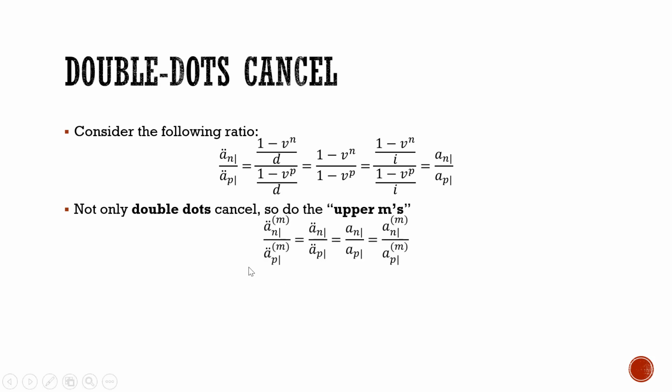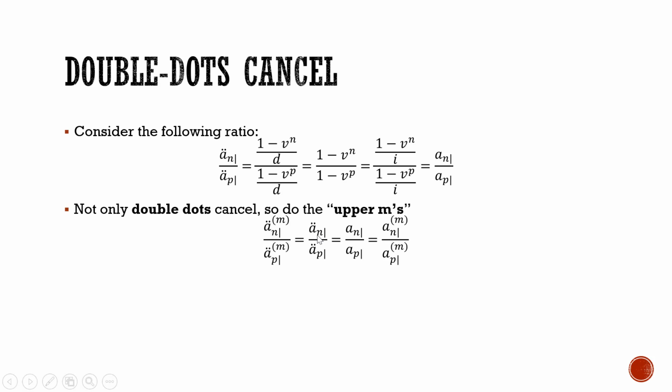So let's look at this annuity. The upper m's cancel, meaning these two upper m's disappear. This formula is very easy to prove. On the top, you divide by i^(m), the nominal rate of interest, and at the bottom, also divide by i^(m), so that these two cancel out.